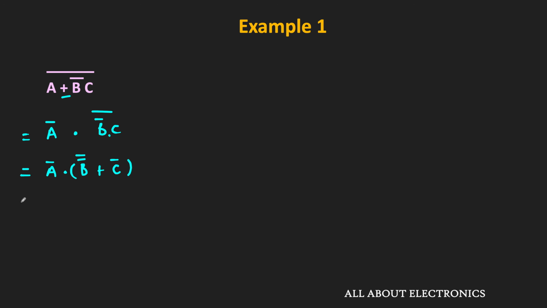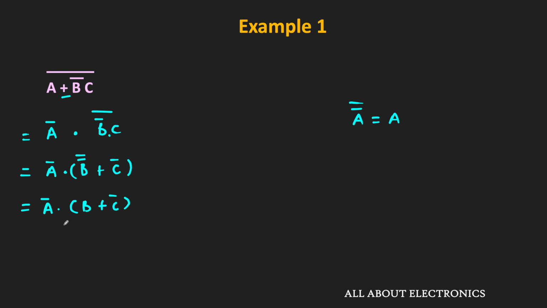That means now we will have this A bar dot B double bar or B plus C bar, because we know that the complement of the A bar is equal to A. That means this B double bar is equivalent to the B. So in this way, this A plus B bar dot C whole bar will become A bar dot B plus C bar. So in this way, using the De Morgan's law, we can simplify the expression.